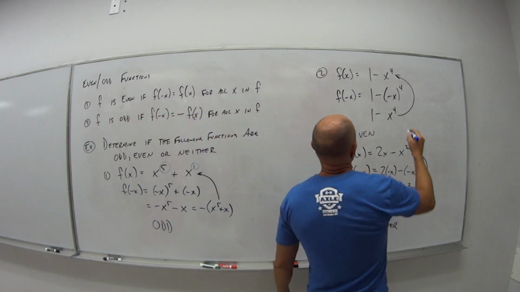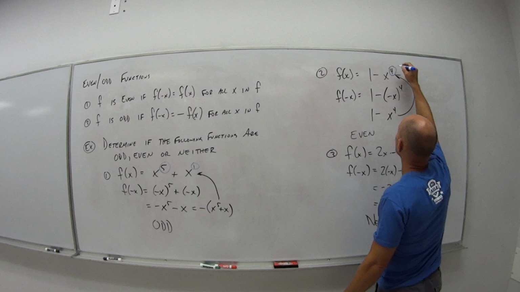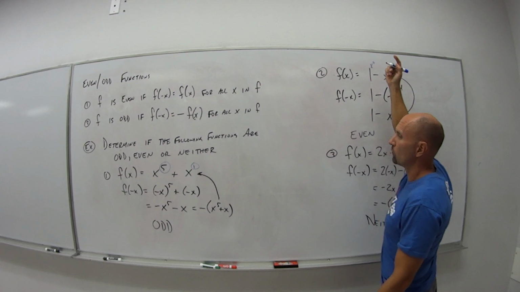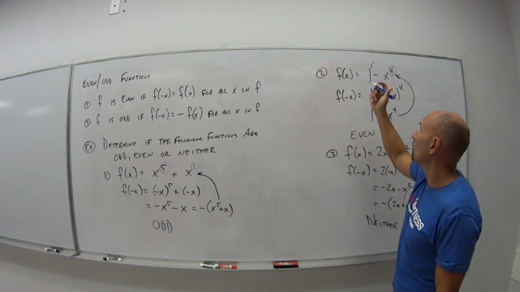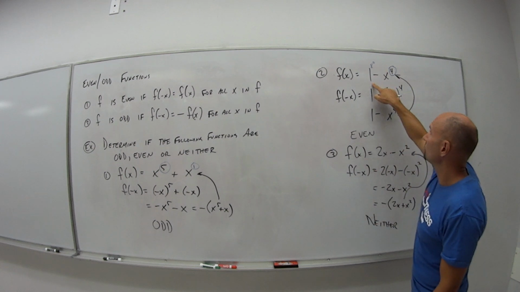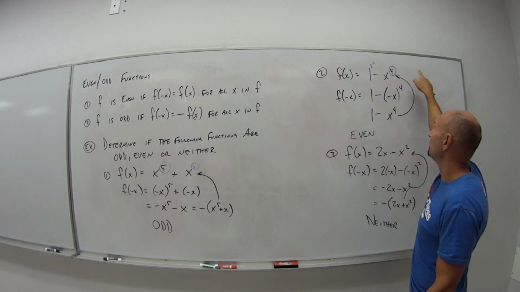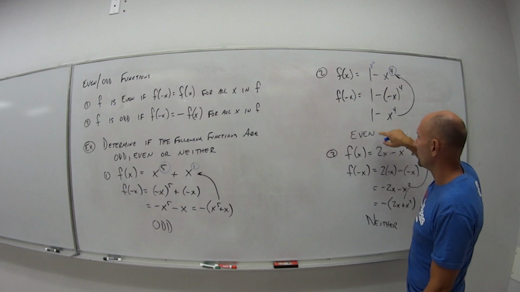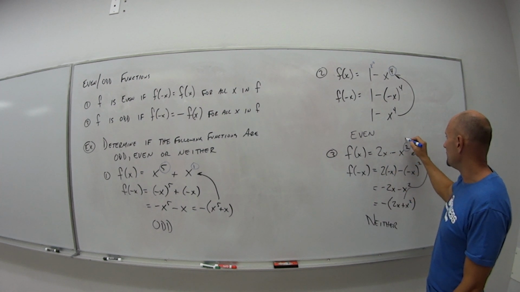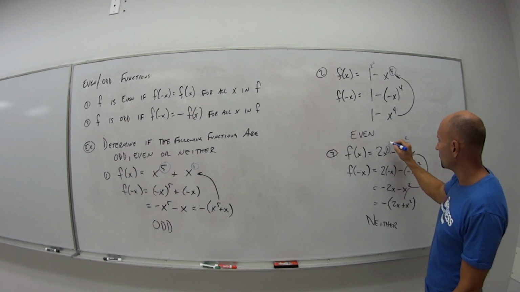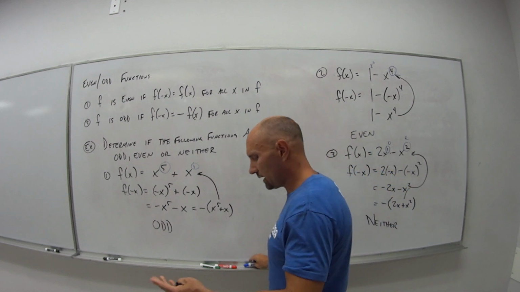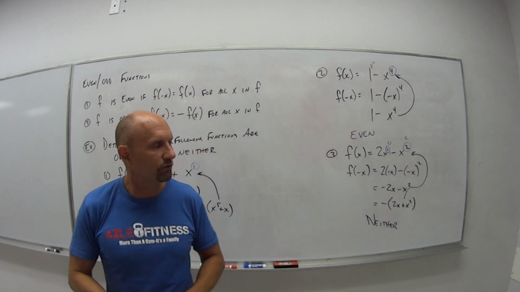In this one, 4 is obviously an even number, and 1 is like x to the 0 power. Anything to the 0 power is 1, and in this case, we're going to call 0 an even number. So if we have just a constant and then any other even exponents, that will end up as an even function. And how about this third example? This is even. This is x to the first, which is odd, so we end up with an answer of neither, because we're going to end up with negative signs out of place.